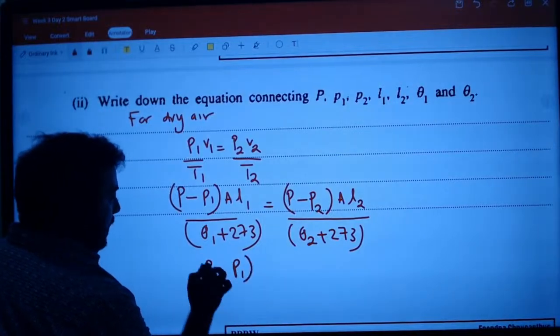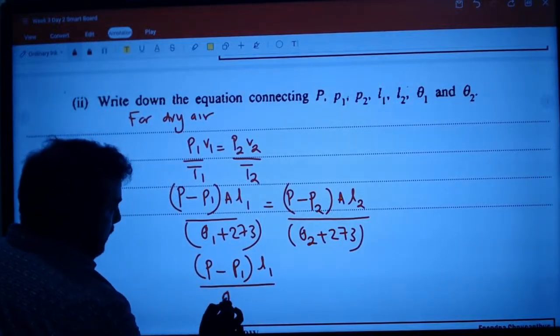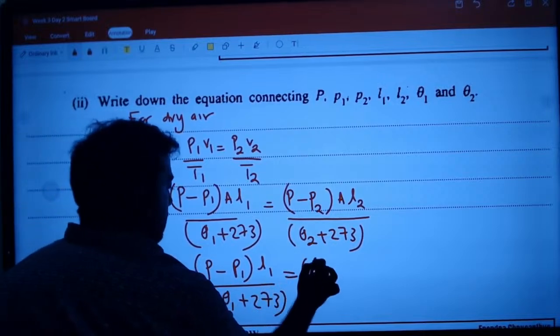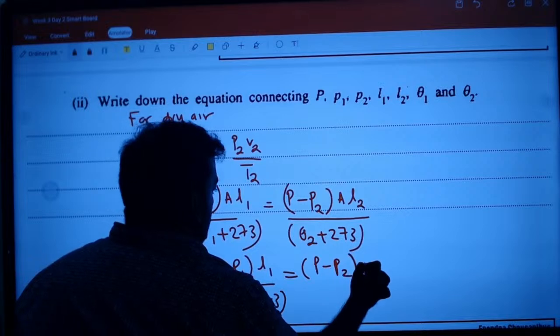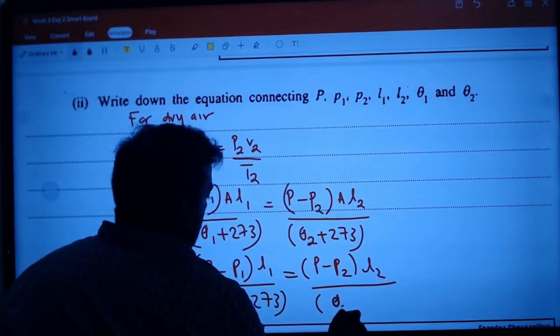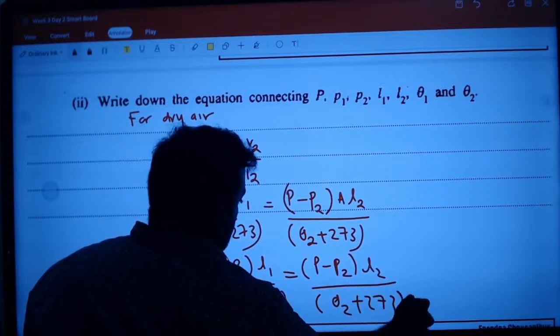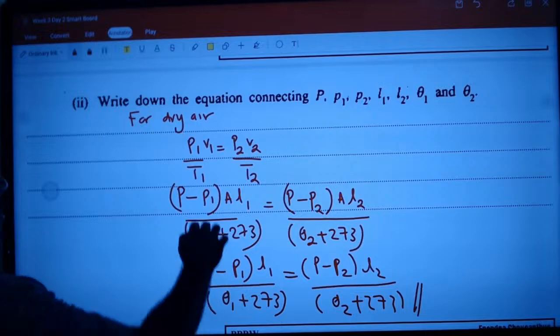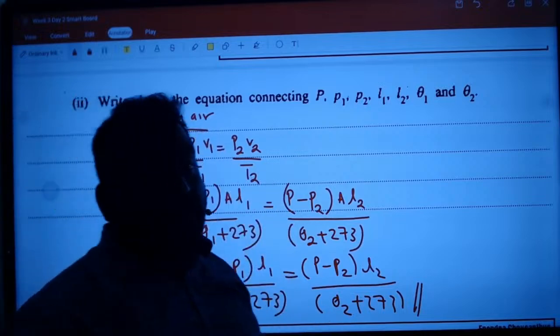So P minus P1 L1 over θ1 plus 273 equals P minus P2 L2 divided by θ2 plus 273. There you go. Remember, you are applying gas law for only air. You can't apply it for saturated vapors.